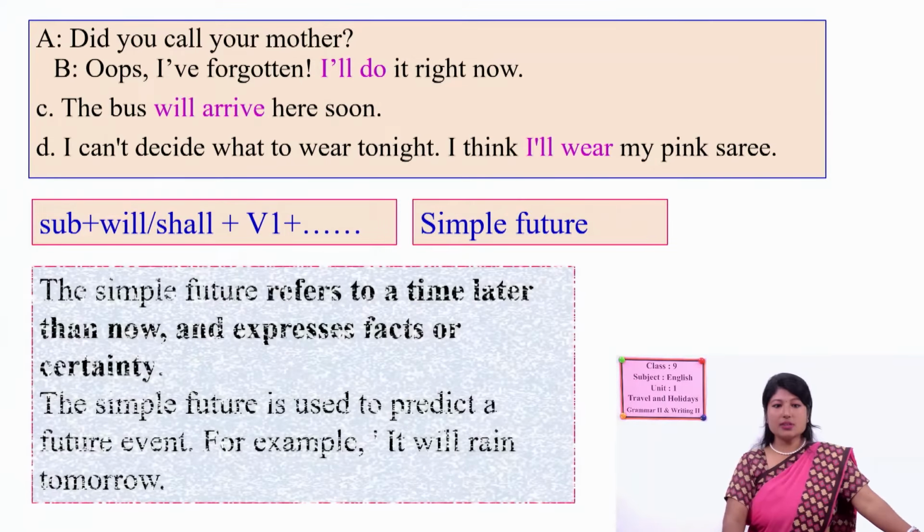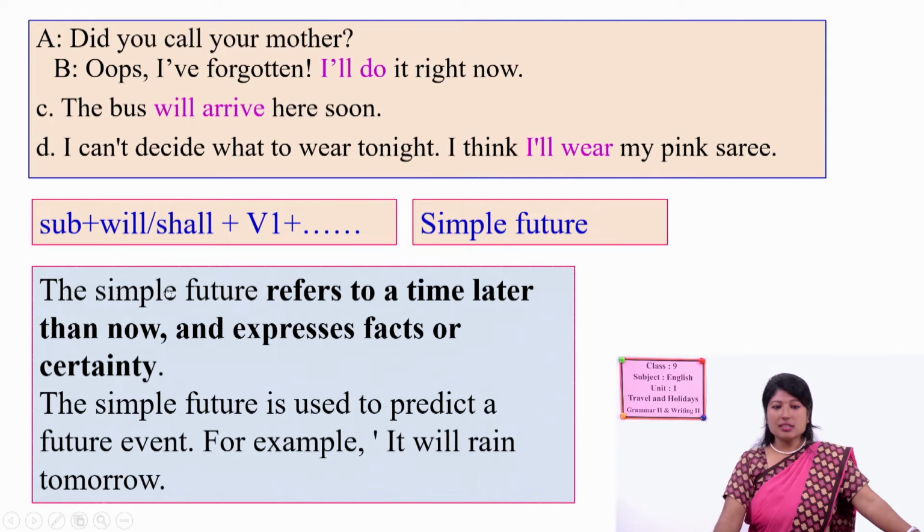The simple future refers to a time later than now, not now. It's in the future, obviously, and expresses facts or certainty. So it tells us about some facts and certainty.